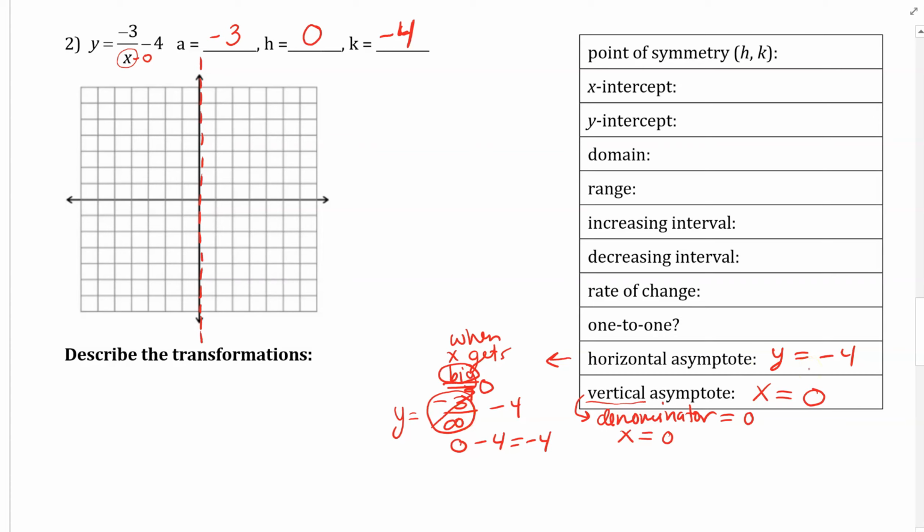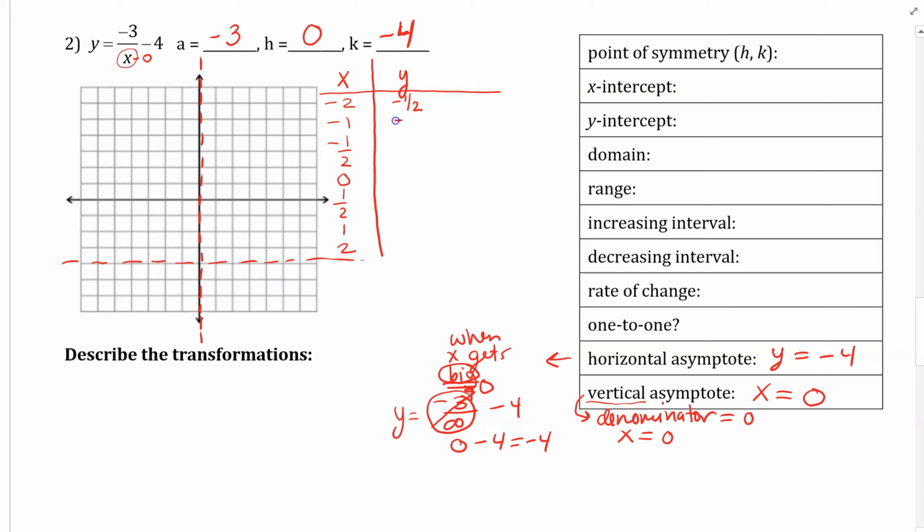Okay, so we dot those in to act as a guide for the rest of our graph, okay? So then we work on the table of values for the parent function, and then of course the transformed one as well. And so I'm going to use these x values here. The y value for the parent function is just the reciprocal of the x.